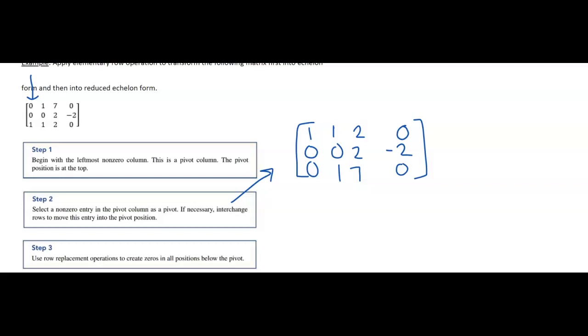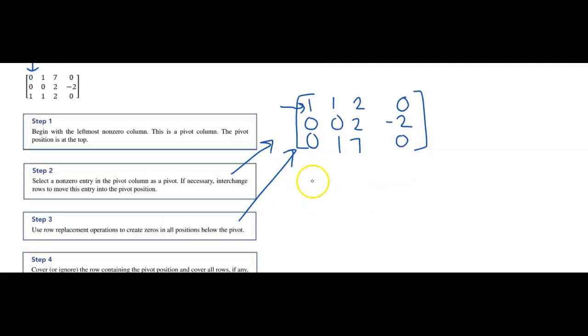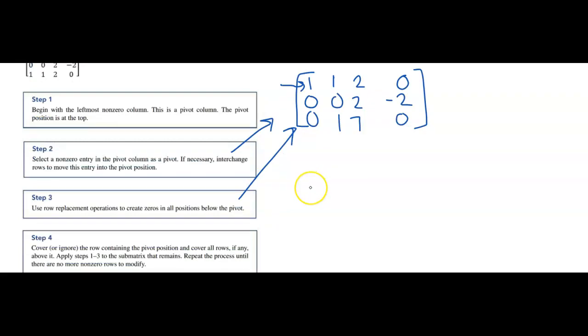Okay. Use row replacement operation to create zeros in all positions below the pivot. Done. Okay, so we are done. This is our pivot right here. We have all zeros below it. Amazing. Cover or ignore the row containing the pivot position and cover all the rows, if any, above it.